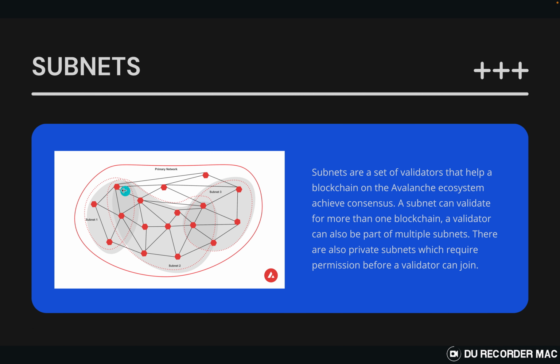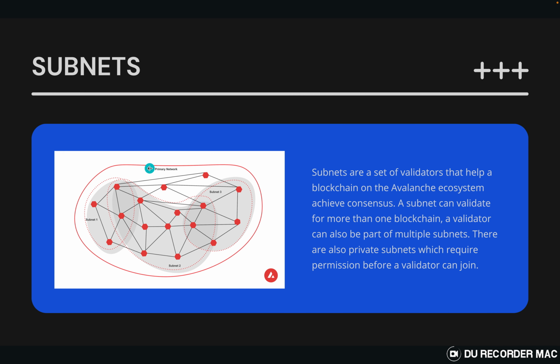So it means that this subnet 1 is validating for a particular chain on the Avalanche ecosystem, and it's also helping to achieve consensus for the primary network. You get that? So subnet 1 helps to achieve consensus for a network, and also helps to achieve consensus for the primary network.